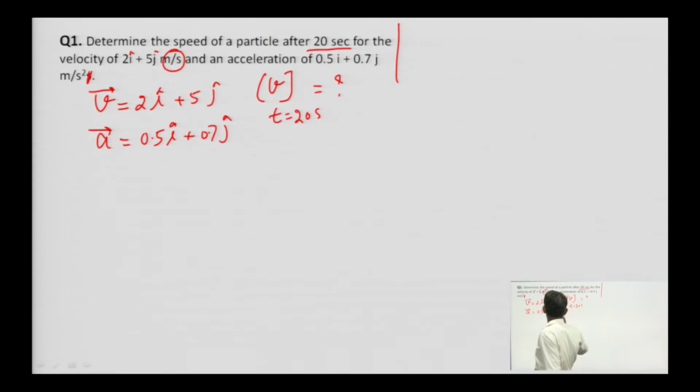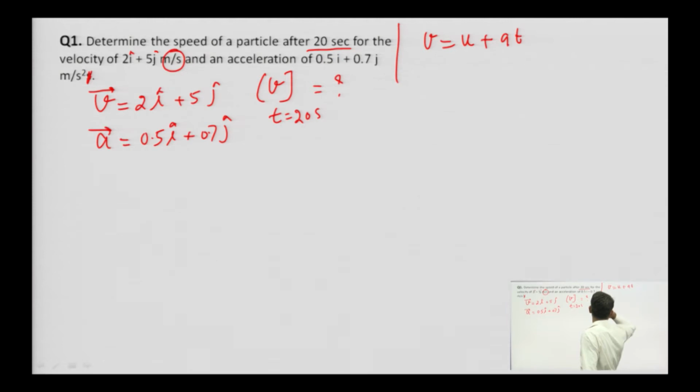We need V at t equal to 20. We know that V is equal to u plus at.